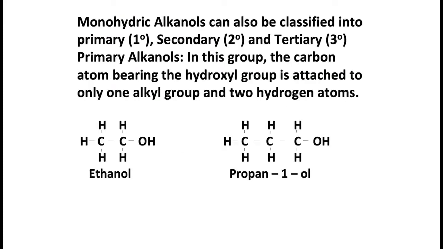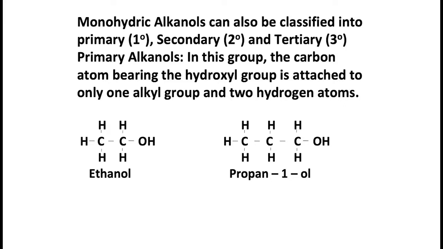Now let's look at the other classification. Monohydric alkanols can also be classified into primary, like I said earlier on, first-degree alkanols, secondary, second-degree alkanols, tertiary, third-degree alkanols. Now, what are primary alkanols? In this group, the carbon bearing the OH, meaning the carbon atom that is carrying the OH, is in turn bonded to one alkyl group.